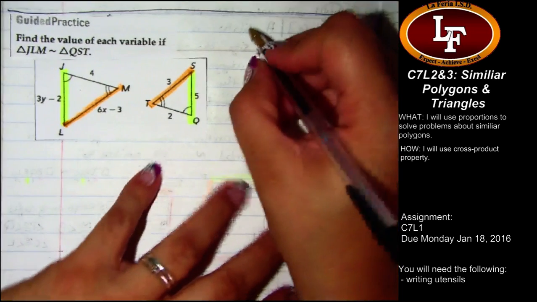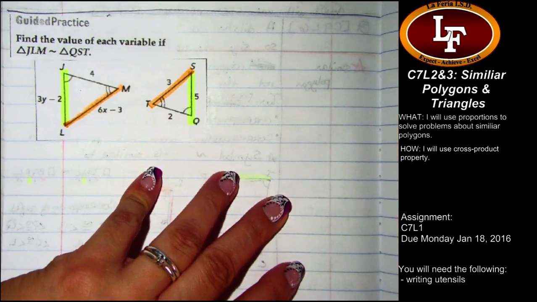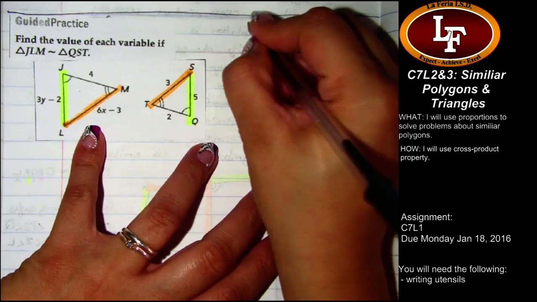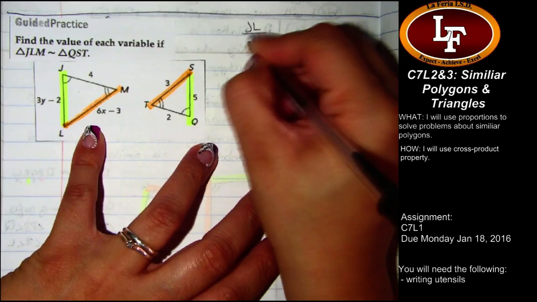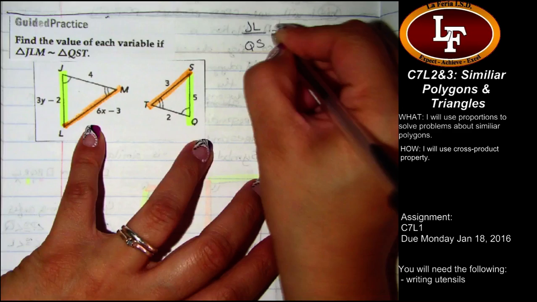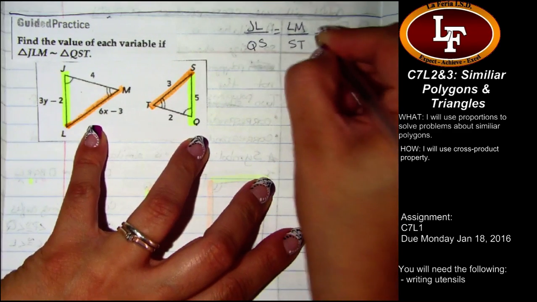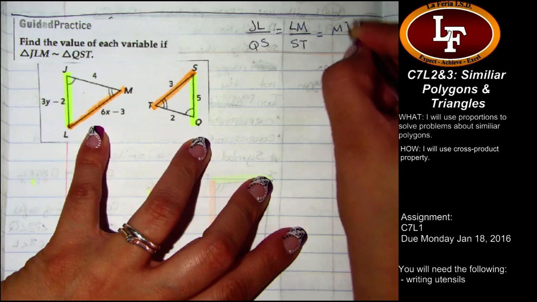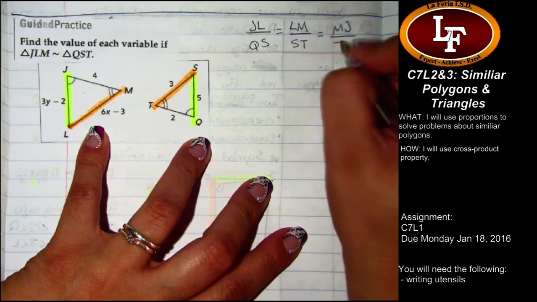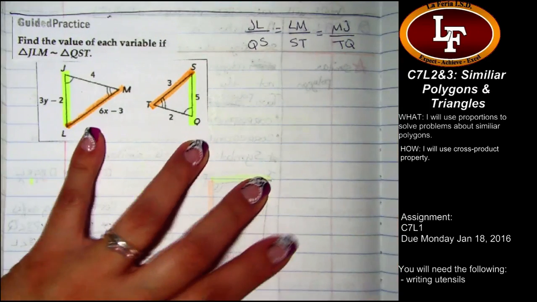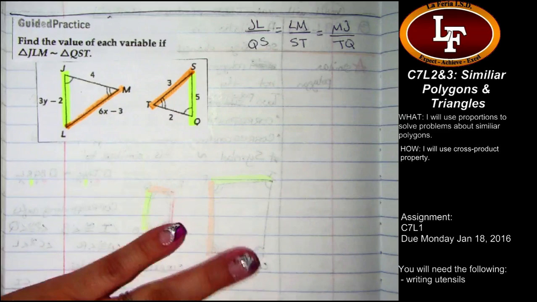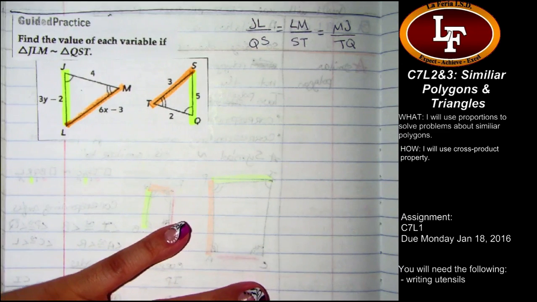This allows me to write all the sides as proportions. JL is to QS, as LM is to ST, as MJ is to TQ. And that's using the definition from those similar polygons from the previous page.